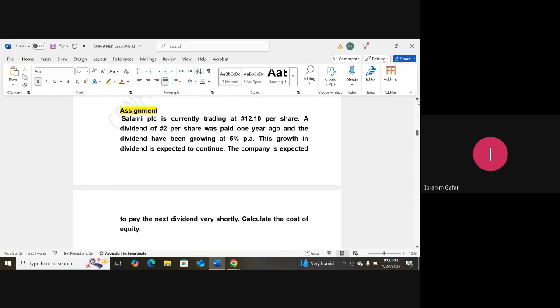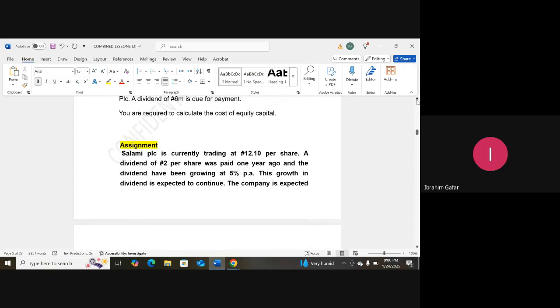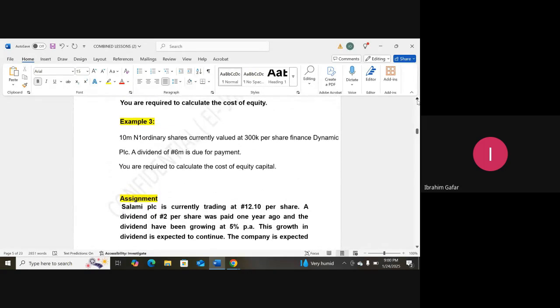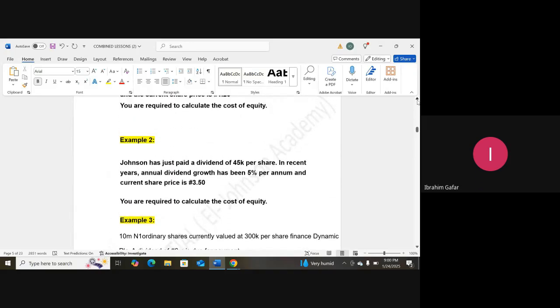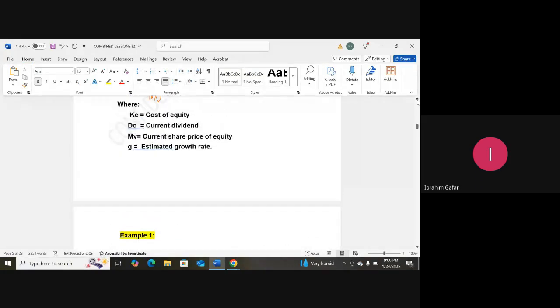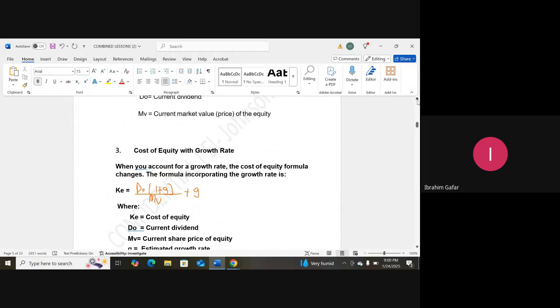Last week we discussed cost of capital, where we were able to explain what cost of capital is, and the components of the cost of capital.